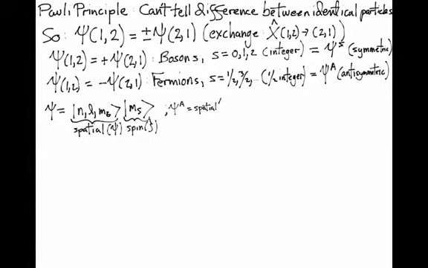So to get an antisymmetrical overall wave function, I've got 2 possibilities, because the spatial component of the wave function and the spin component of the wave function have nothing to do with one another. They're totally unconnected to each other. So if my overall wave function is a product of those 2 things, and I'm going to be exchanging things all over the place, I can get an antisymmetrical exchange wave function by having a symmetrical spatial exchange.